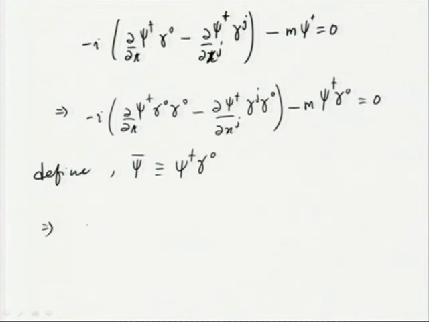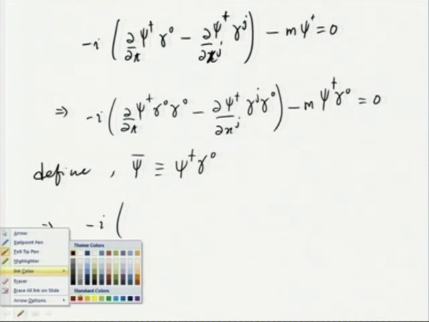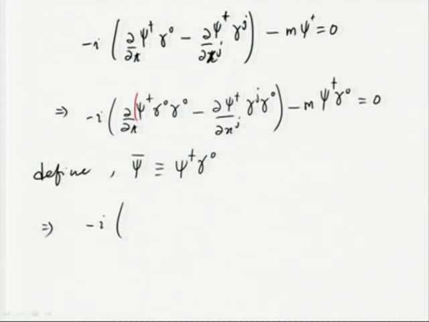This will give me minus i, the first term I will club psi dagger and gamma 0, that will give me psi bar, but for the second term I have to switch gamma j and gamma 0. When I switch gamma j and gamma 0, gamma j gamma 0 is gamma 0 gamma j with a minus sign. So, there is a switch of sign again.